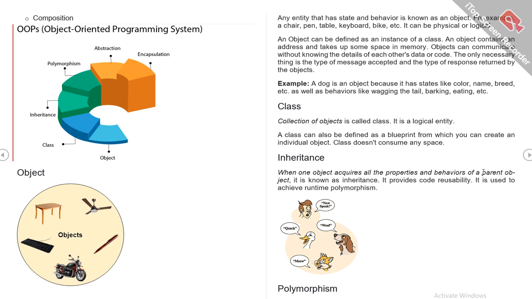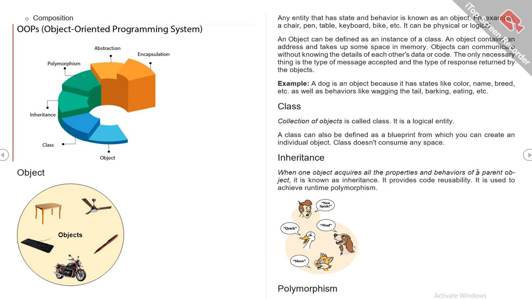Class. A collection of objects is called a class, and it is a logical entity. A class can also be defined as a blueprint from which you can create an individual object. And a class doesn't consume any space.